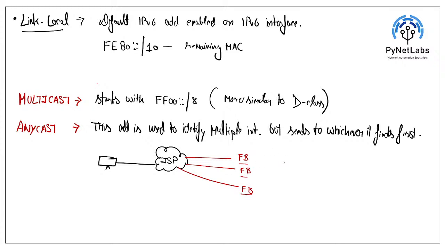When you access Facebook, your packet goes via the ISP. From the interface of the ISP, it will check, since we know there is not one single Facebook server over the entire world. There are many servers, and all these public servers are internally connected with each other, right?